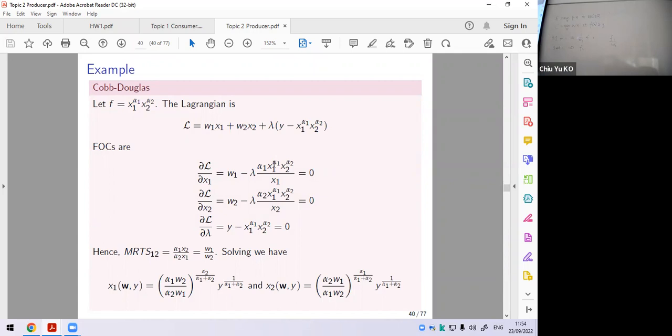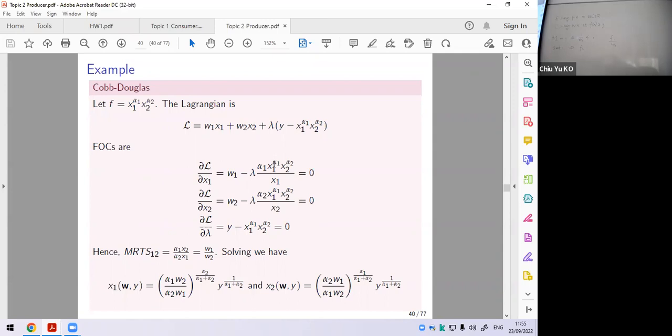So this is the Lagrangian. You're going to derive this. At the end, you get the same thing, right? The marginal product, same as this guy, right? And if you have alpha 1 and alpha 2 in that particular case, right? Same as the one we have, W2 times X2 is same as W1 times X1, right?